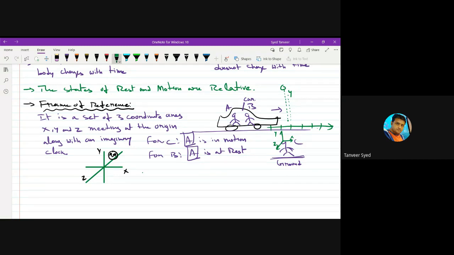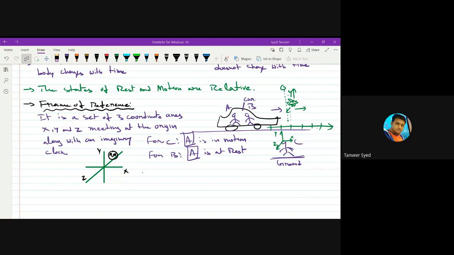Or let us say a bird is flying. The bird can move in the x direction, the y direction, or the z direction. So C will say that the x, y, and z coordinates of the bird are changing. So he will say the bird is in motion.